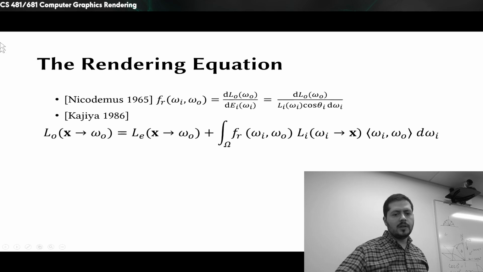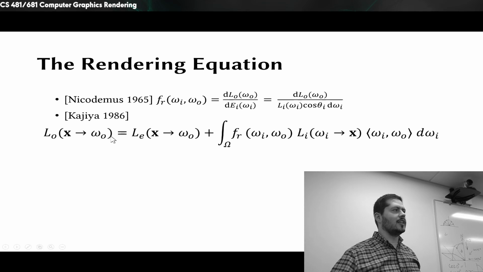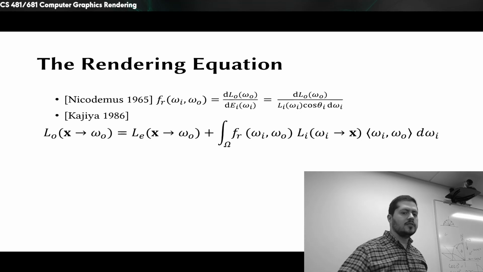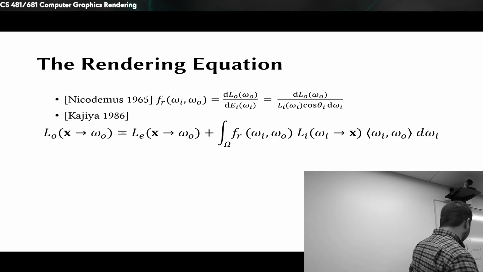Now, the reason why we don't use letters like V or E, like the viewpoint or the eye, is because rather than being so focused on what we're able to see, we are really focused on what's happening between surfaces.